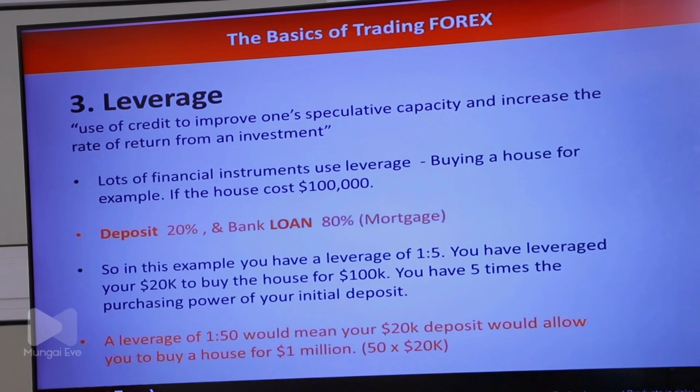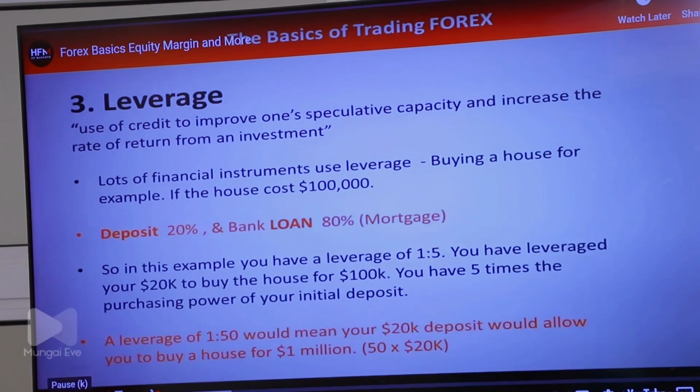Many financial instruments use leverage. So for instance, if you were buying a house, for example, this house costs $100,000. To do that, you normally take out a loan or a mortgage from a bank, but the bank would expect you to put some sort of deposit down. In this example, we're going to look at a 20% deposit. So you come up with 20%, and the bank loans you the remaining 80%.